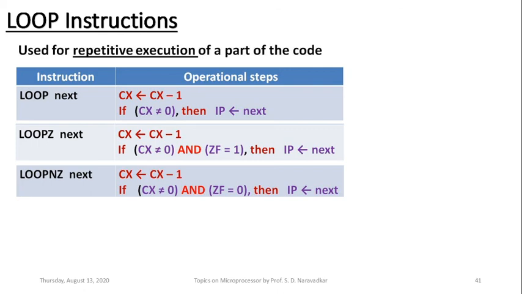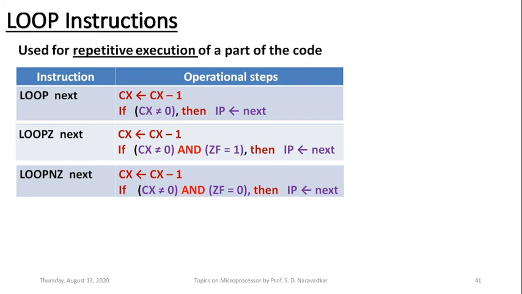First of all, the counter is decremented by 1, CX minus 1 copied to CX. Then the condition if CX is not equal to 0 prevails. But the second condition is that the zero flag is a reset condition, zero flag is 0.